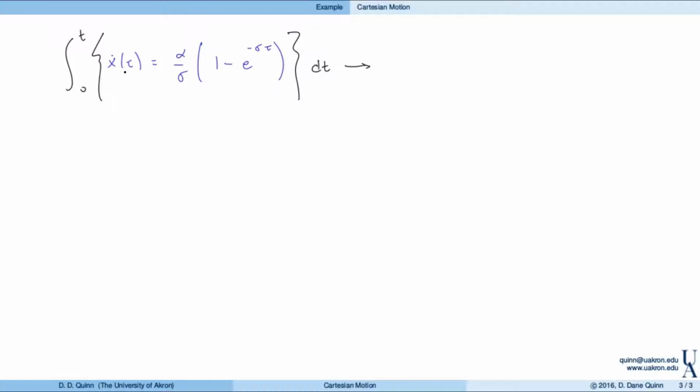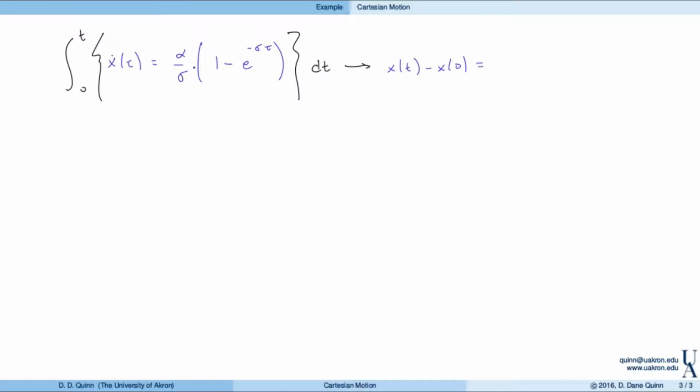So when I do this, the left-hand side becomes, well, we have the integral of a derivative, so that's just the argument, x, evaluated at the limits of the integration. So x of t minus x of 0. And then we have this term evaluated over time.